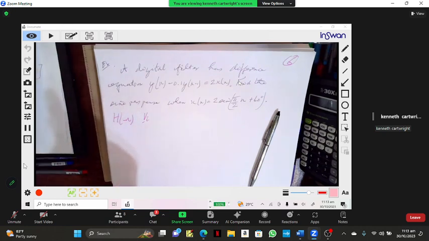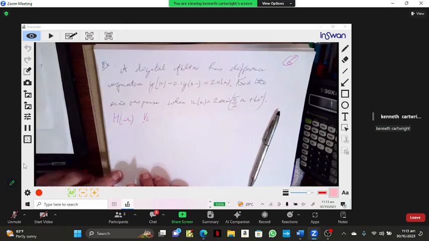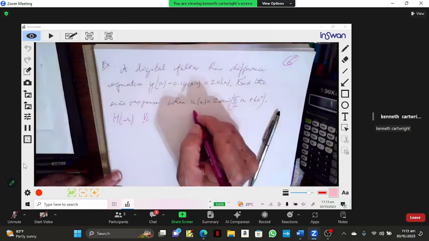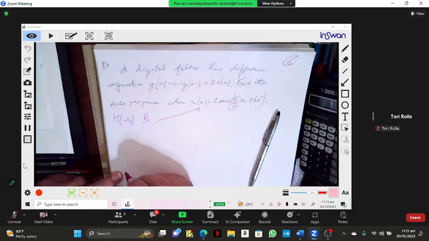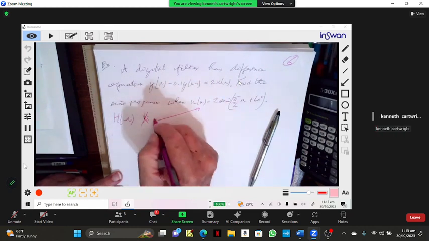In this problem, there is no V in either. What's the input? The input is x. The input is the x phasor.